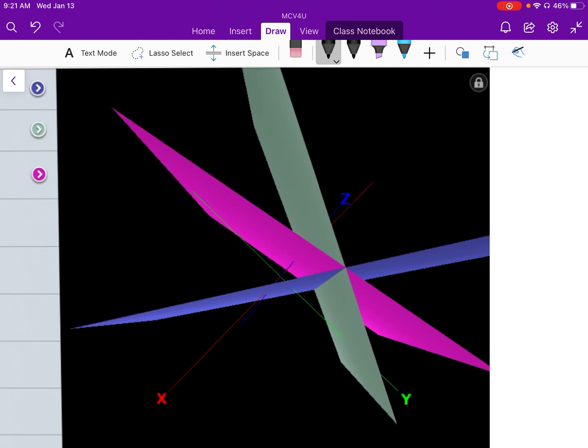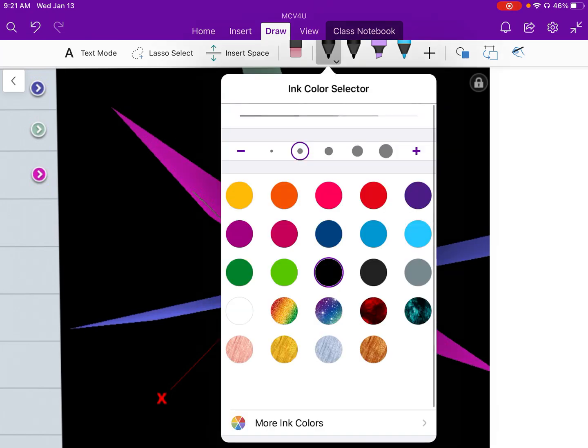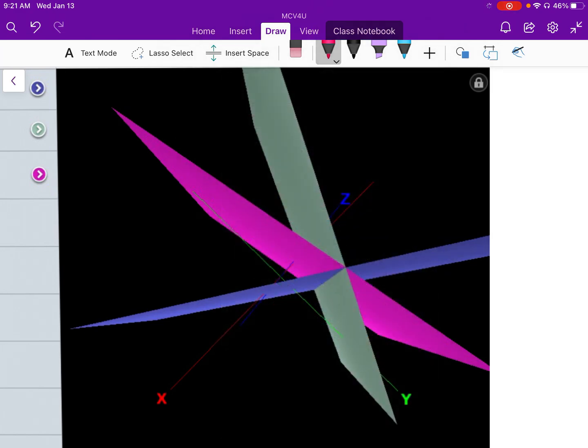But if you take a look here, in this example we have a couple of things going on. Let me change the colors a little bit. We can draw out the normal vectors of each of these planes on the same plane. The normal vectors are coplanar.